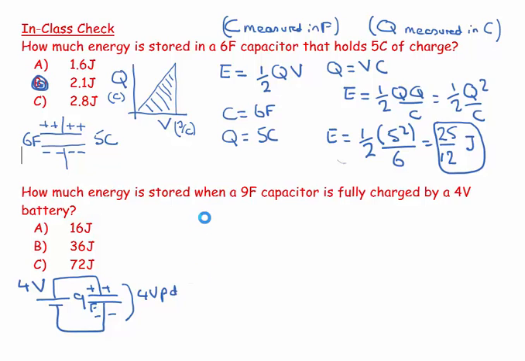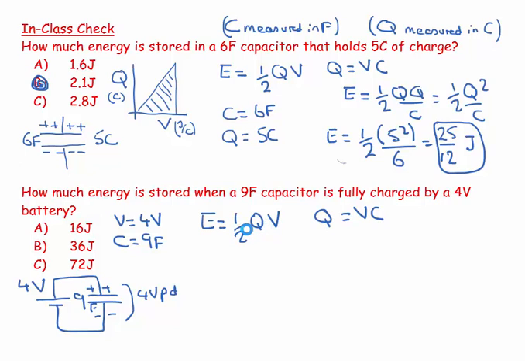Well, my energy is still the same thing, so my energy is equal to 1/2 Q times V. And this time, what do I know? I know my V is equal to 4 volts, and I know my C is equal to 9 farads. Again, it's not quite in the terms that I want, so I've got to remember that Q is equal to VC.